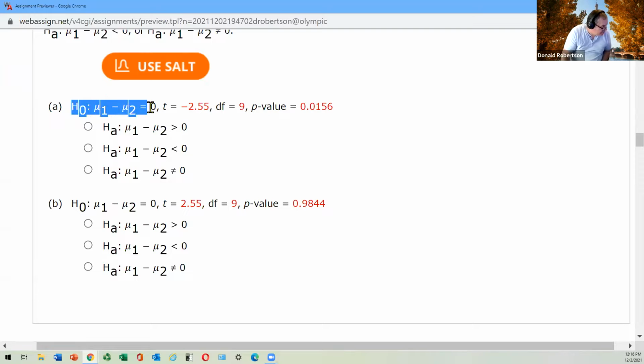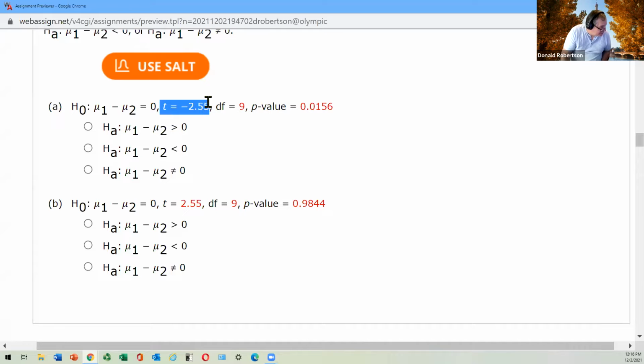They're telling you the null hypothesis, which isn't much of a help because isn't it always that? So we're not getting anything we didn't know. They are giving you clues. And the clue is the t-value and the p-value. The degrees of freedom don't help much, right?